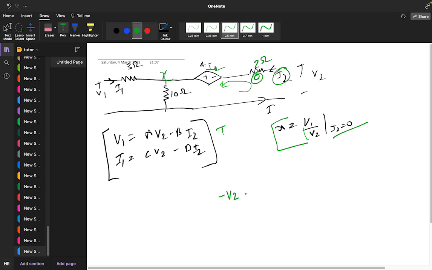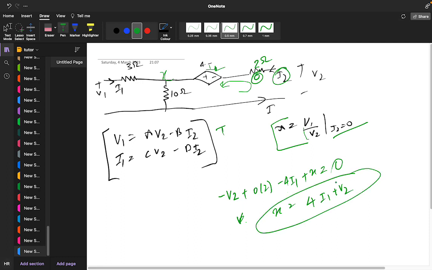Minus V2 plus 0 into 2 minus 4I1 plus X is equal to 0. So we are getting the value of X is equal to 4I1 plus V2.